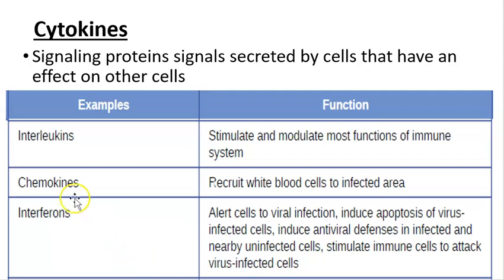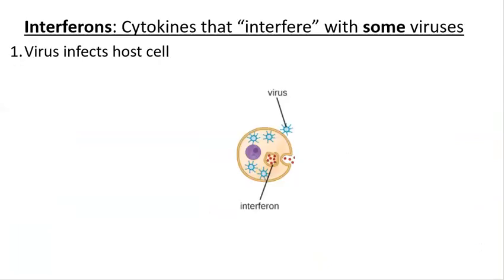And then the last kind of cytokine or signal that we can see here is a group of proteins that were identified because they were found to be turned on after viral infections. And so they said, oh, these proteins must interfere with a viral infection, and they sort of do. And if we look at this process right here, you've got your cell that's been infected by a virus right there.